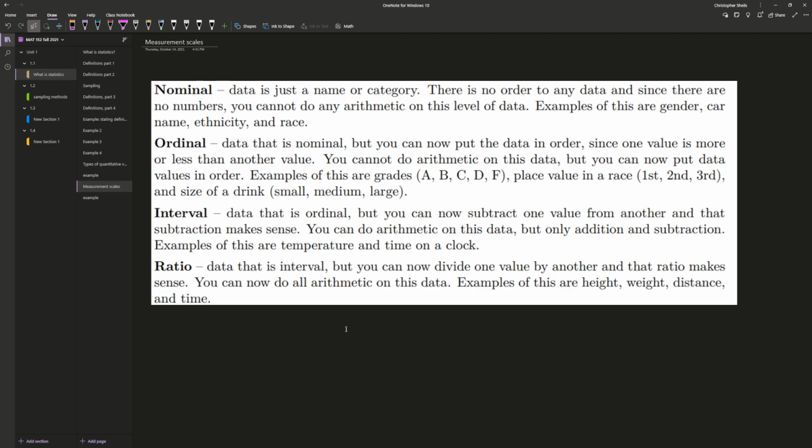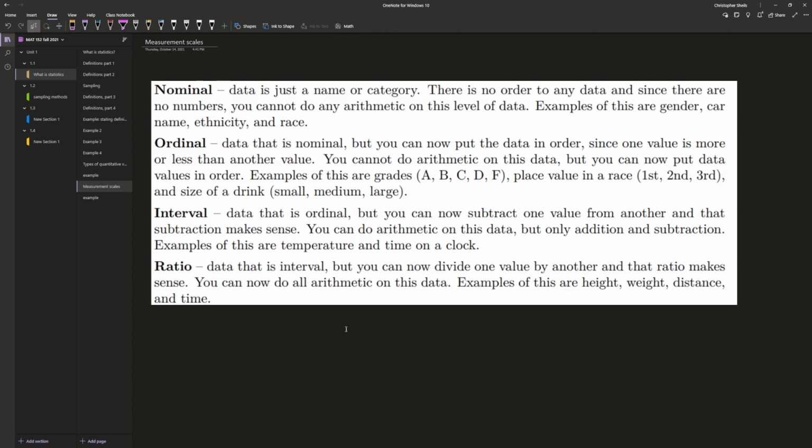Determining whether something is qualitative or quantitative lets us sort between nominal or ordinal and interval or ratio, right? So if our variable is qualitative, for instance, if our variable is in terms of words instead of numbers, then it has to be either nominal or ordinal.